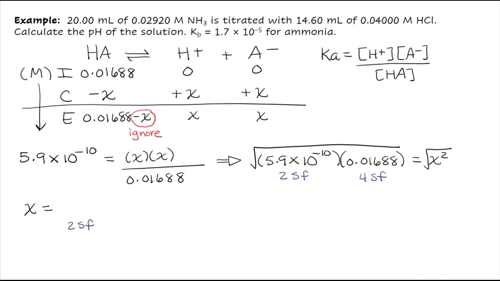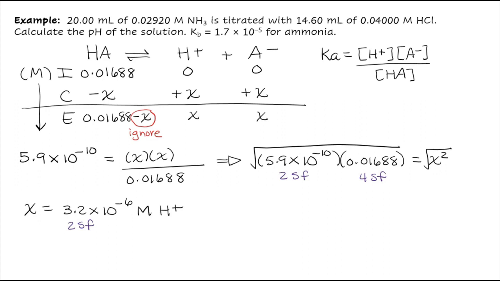So doing the math, 5.9 times 10 to the negative 10 times 0.01688, and taking the square root of that, rounded to 2 sig figs, gives us 3.2 times 10 to the negative 6. Looking at our ICE table, we see that X has units of molarity and it corresponds to H plus.